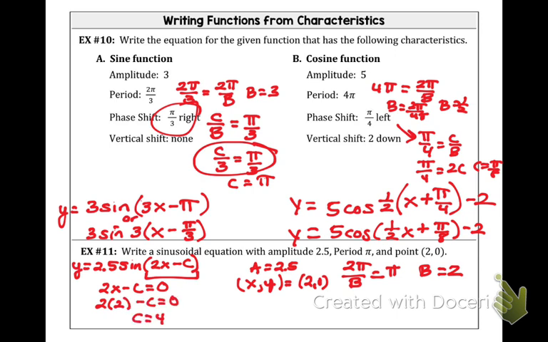So we end up getting c is equal to 4. So we can do y is equal to 2.5 sine of 2x minus 4. And again, there are going to be other possible answers that you could come up with, depending on how you transform it around.